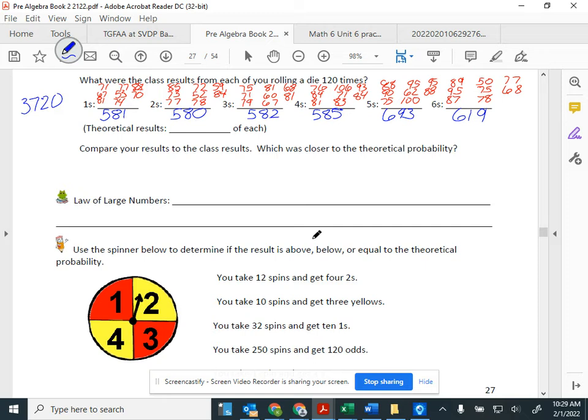Okay, so re-add up the fours. Yeah, it's 678. What else did people get for the fours? 678. Okay, so the fours were our wrong number, 678. Now check our math. It should equal 3,760. 3,720 is what we should equal.